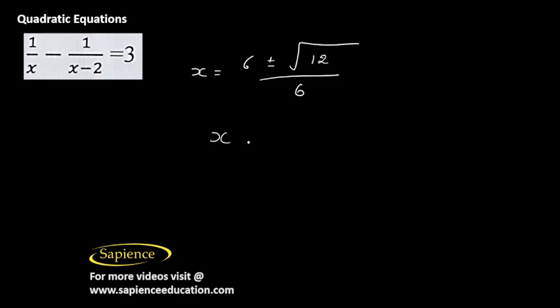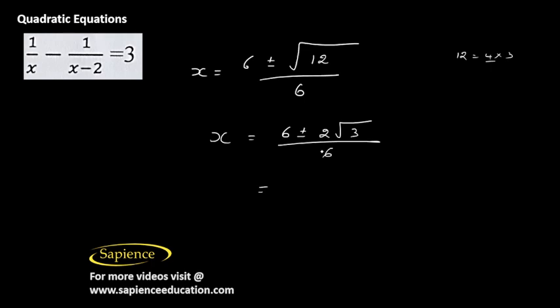The value of x can be written as 6 plus or minus square root of 12. 12 is 4 into 3, so we can take the 4 outside the square root as 2. So we can write it as 2 into root 3 divided by 6.